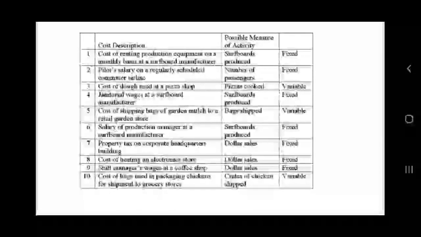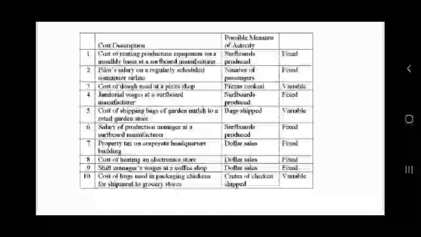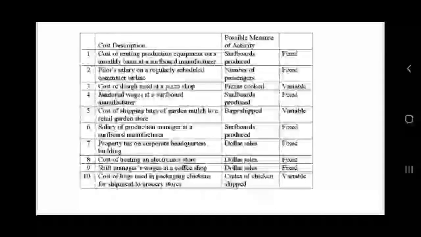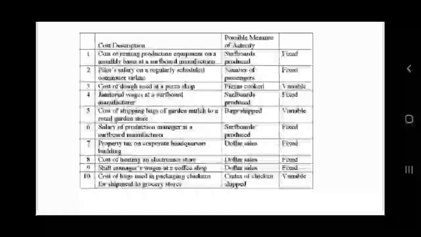So it is a variable cost, because if the shop produces 1 pizza, the dough is this much. If the business produces 10 pizzas, then the amount of dough used is higher compared to when the business produces 1 pizza. The higher the quantity, the higher the cost. So it is a variable cost.